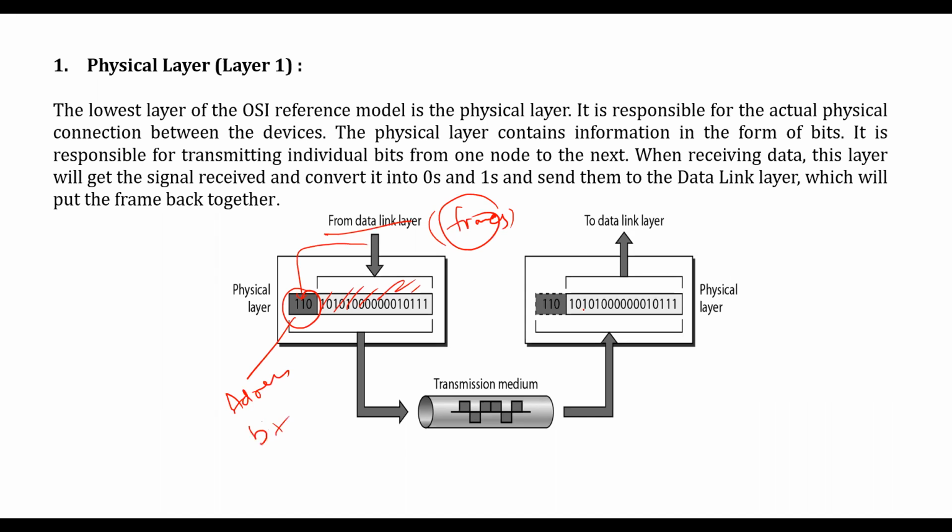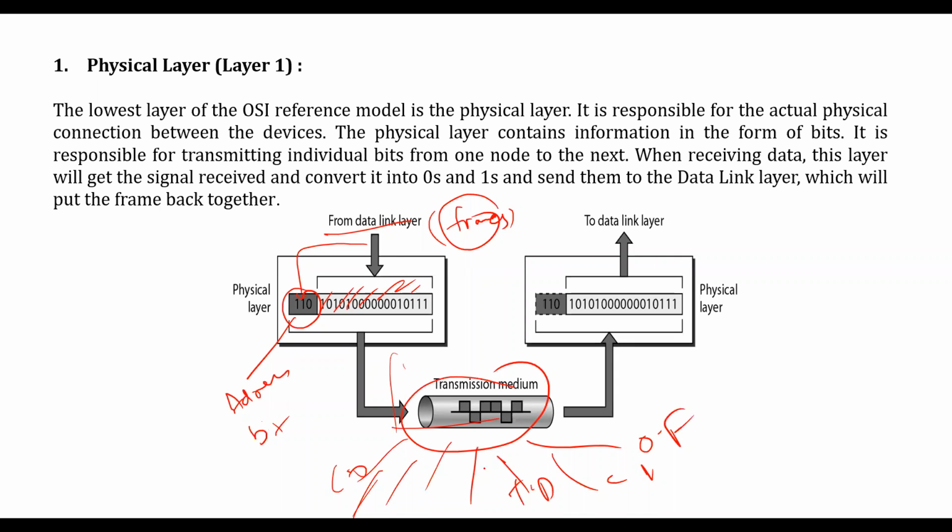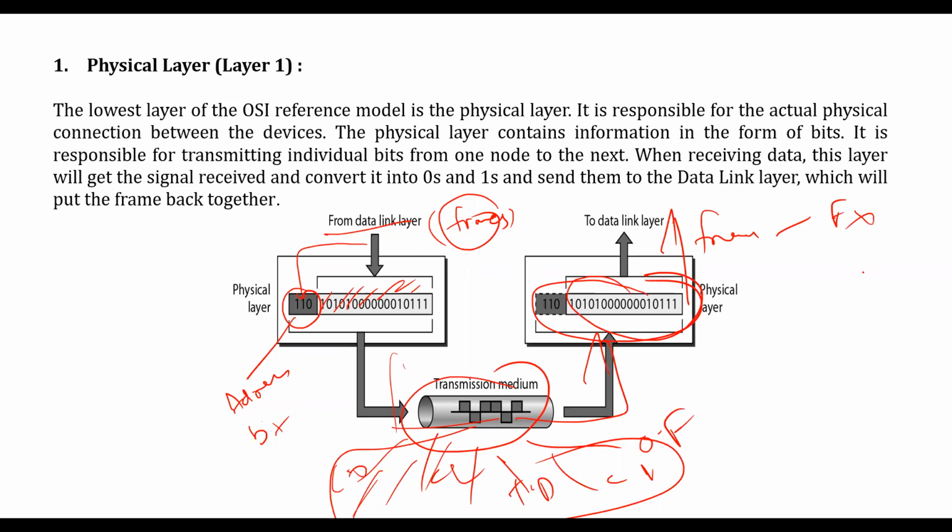At the transmission medium, which is optical fibers or coaxial cables or twisted pair, or many combinations, whether connection oriented or connectionless, many things are there. At the receiver side, the same bits are received. When going to the data link layer, this data is again converted into frames. This frame may be fixed size or variable size.